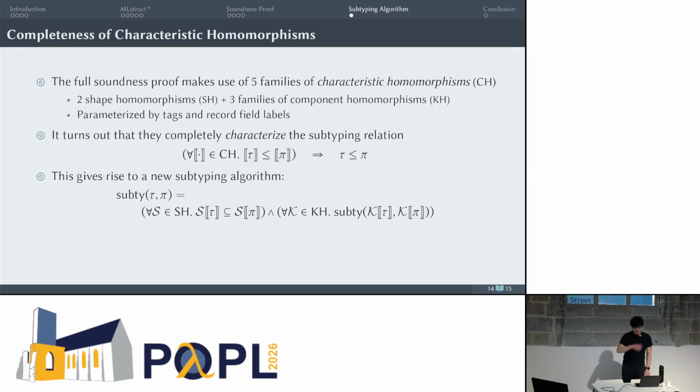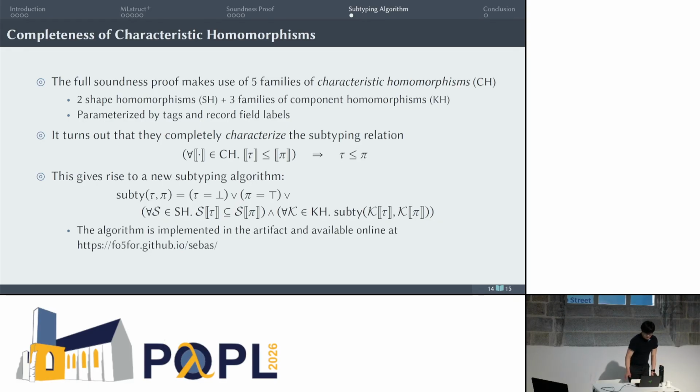You may notice that this recursive definition has no base type, has no base case. So all we need to do is to add back the base cases where the subtyping relation obviously holds, which are when the left-hand side is bottom and the right-hand side is top. And this algorithm is implemented in the artifacts and is available online at the following link.